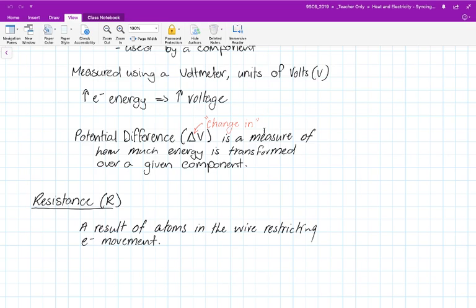And it measures how difficult it is for an electric current to flow through a component.